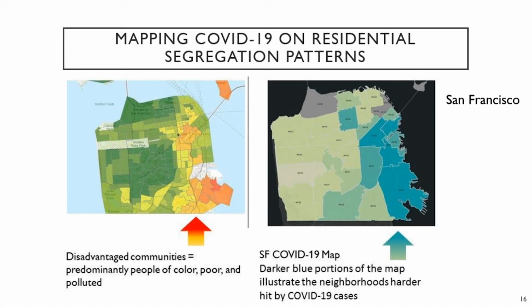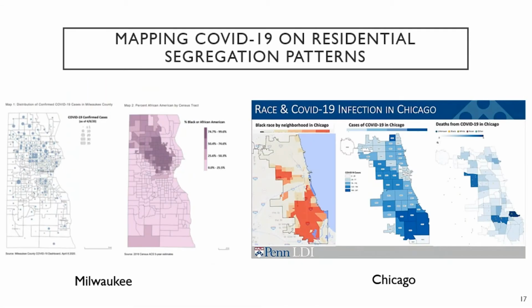Neighborhoods inhabited by people of color and the poor are predominantly affected. We see this in San Francisco, where the disadvantaged communities are the same ones that are harder hit by COVID-19 cases. In Milwaukee and Chicago, we observe that African American neighborhoods have higher rates of COVID-19 cases and deaths.